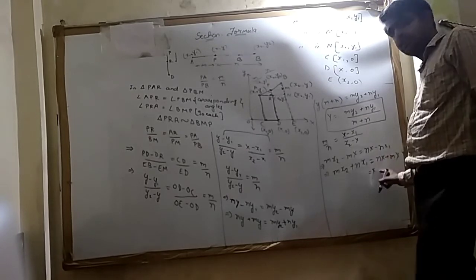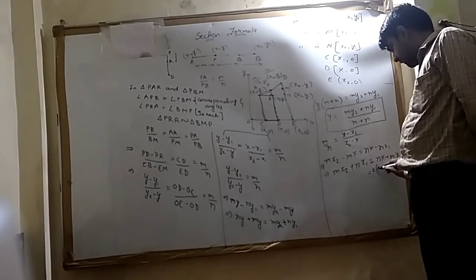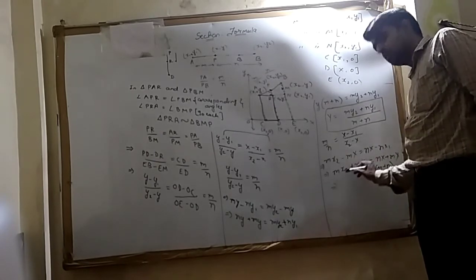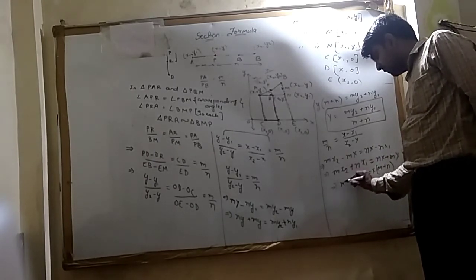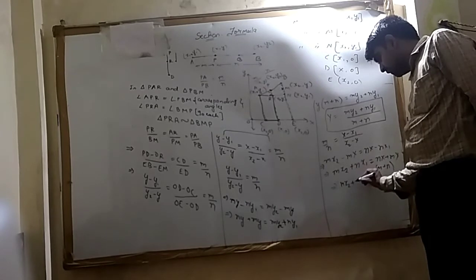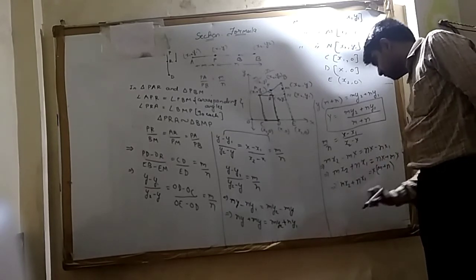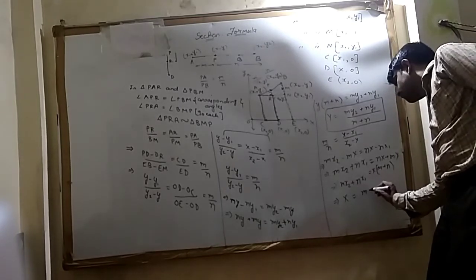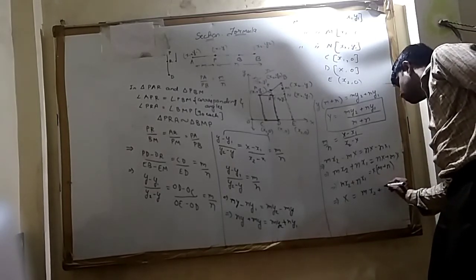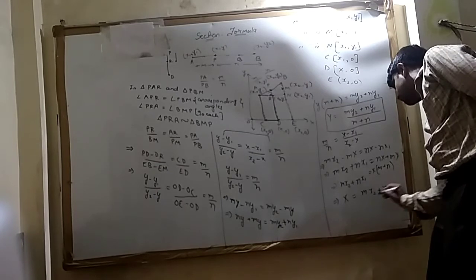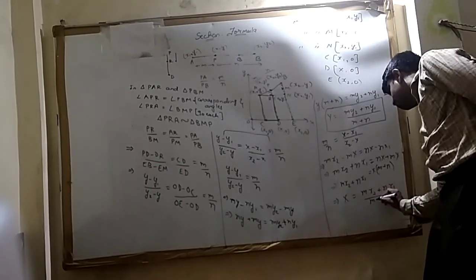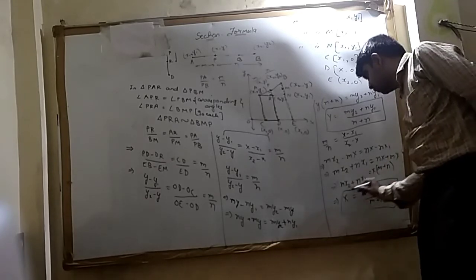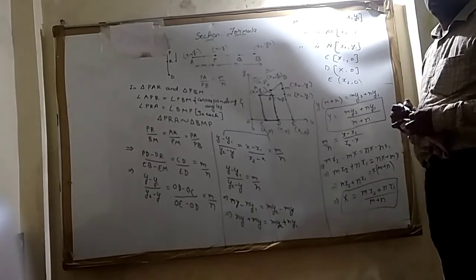From here, take x common. What you will get? M plus n, and here same mx2 plus nx1. So what will be the x coordinate? It will be m into x2 plus n into x1 upon m plus n. So this is the section formula for finding the x coordinate.